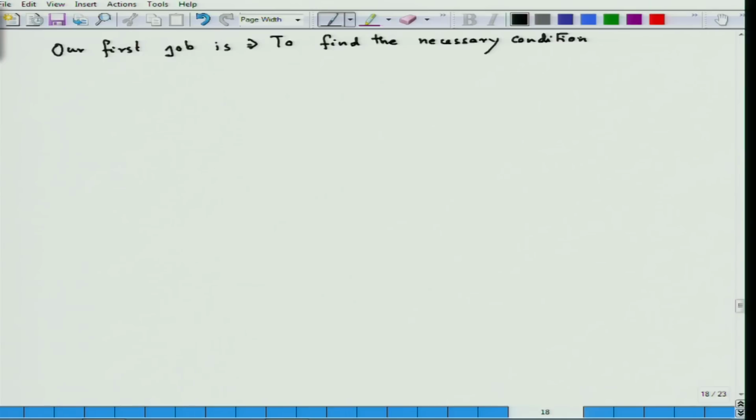This we state as follows, which we write as Theorem 1 of our study.